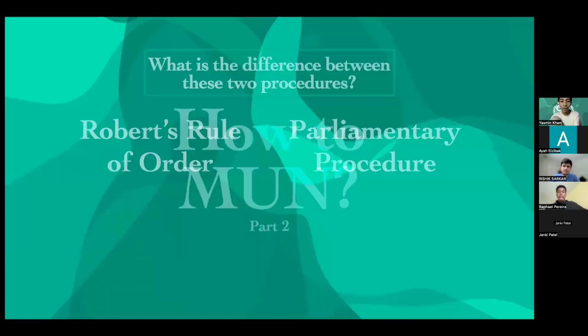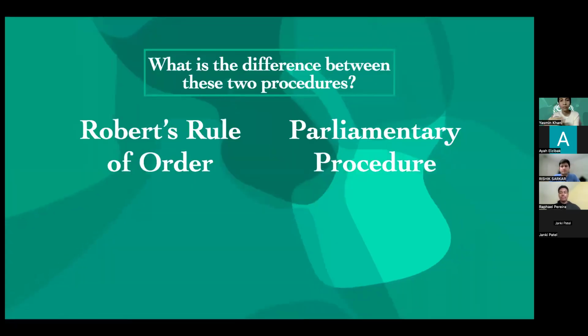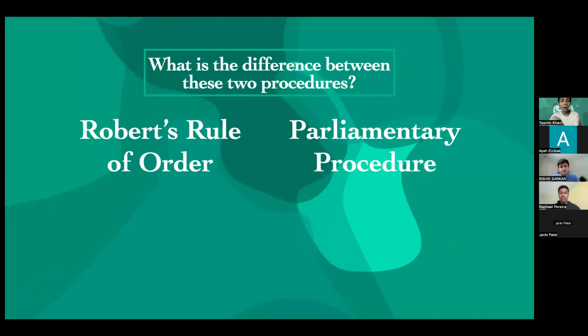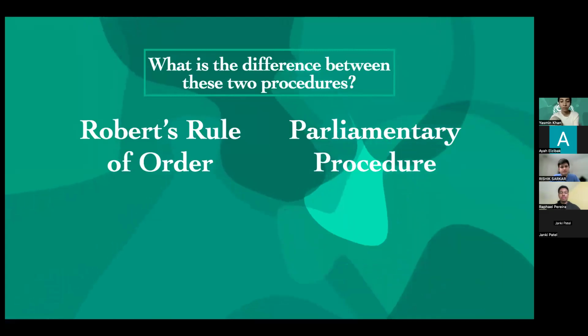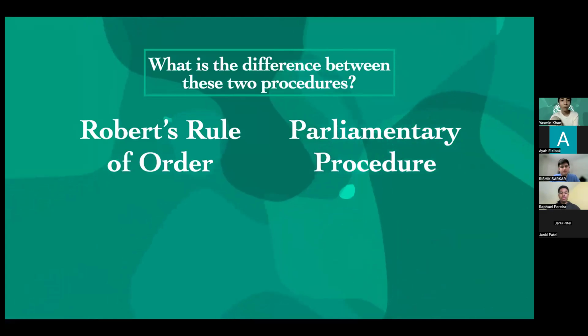And as a quick recap, right? In our previous Model UN Basics workshop, we talked about the two different types of procedures in all sorts of conferences, including those in law and politics. We spoke about Robert's Rule of Order, and then we spoke about parliamentary procedure.